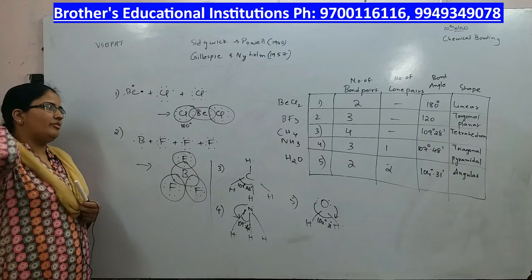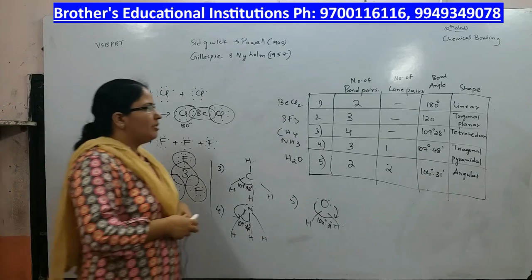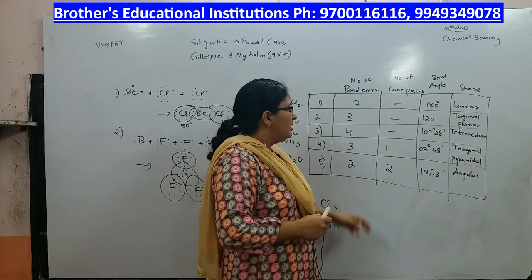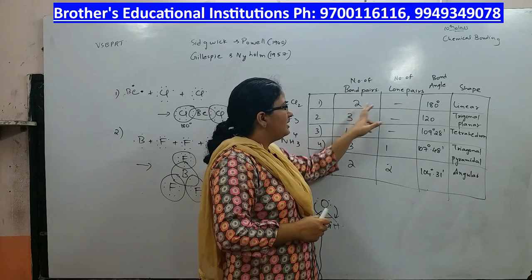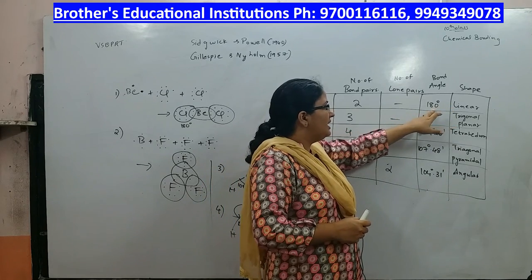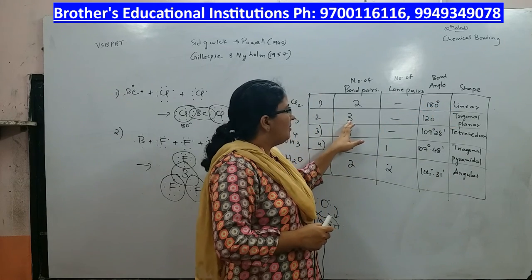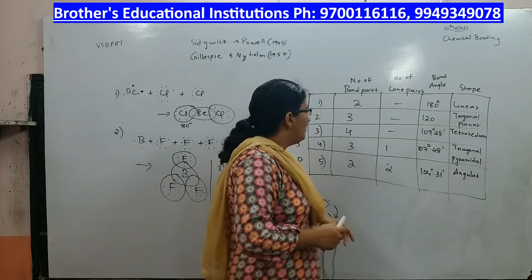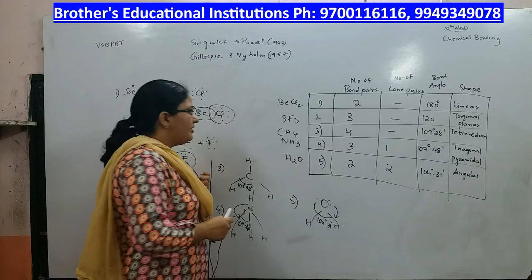If you know the number of bond pairs and the number of lone pairs, you can talk about bond angle and shape. If there are 2 bond pairs, to have minimum repulsion it has a linear shape, and the bond angle is 180. If there are 3 bond pairs, the bond angle is 120 degrees and the shape is trigonal planar, as in the case of BF3.